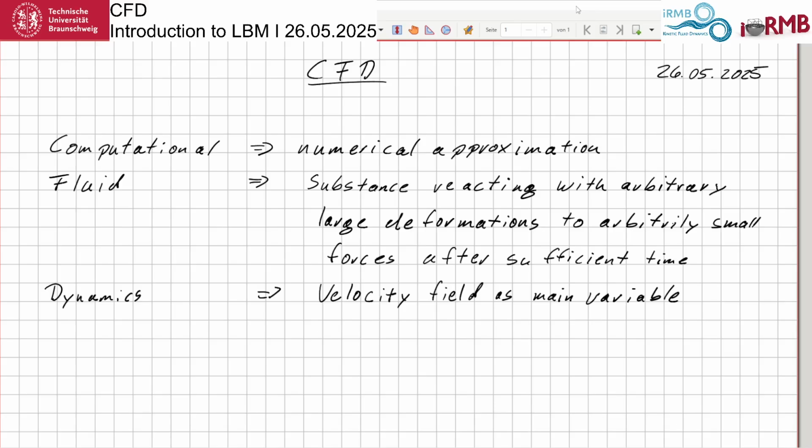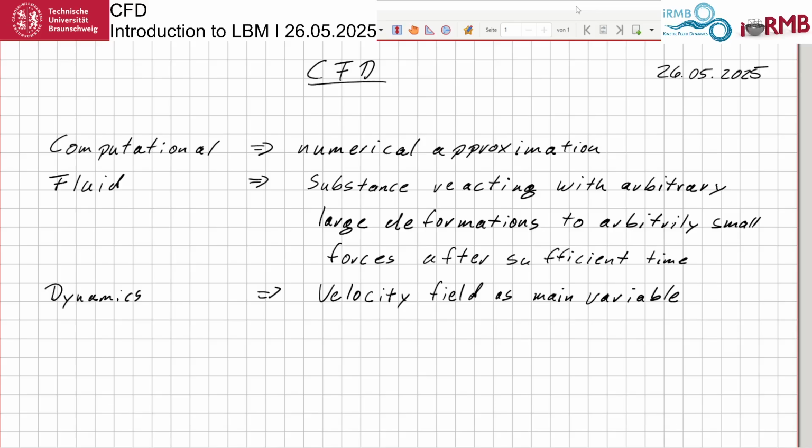So I wrote down here what computational fluid dynamics in principle is. So we do, of course, numerical approximation. What is a fluid? It's a very good question for your PhD defense, that somebody asks whether you get the very basics.